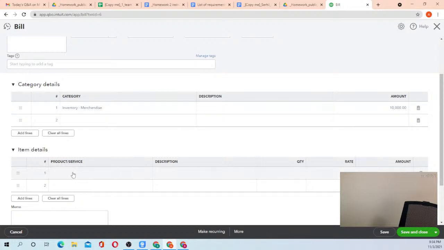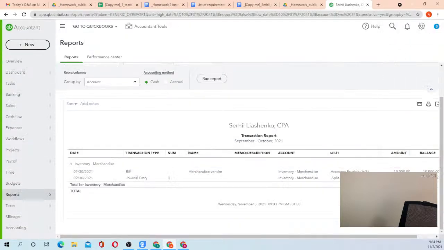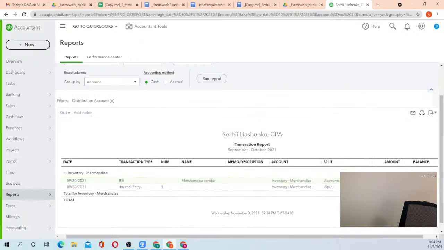It didn't run through product details, it ran through category details. And that's why the cash amount is different from what we have in accrual basis. So that's interesting to know. I will need to dig deeper into that.